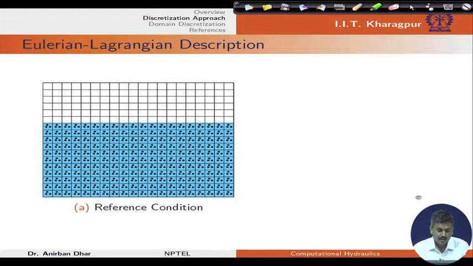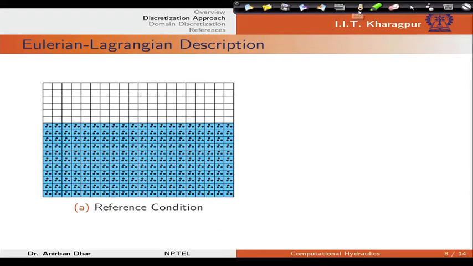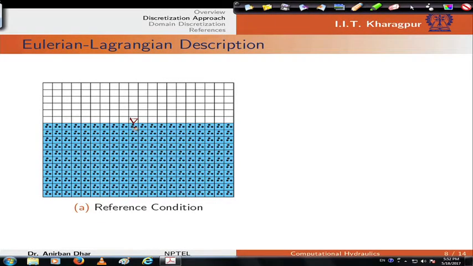In Eulerian-Lagrangian description, we consider both the things, that is fixed grid system and moving particle system. So, this is our reference condition again, this is the water level.